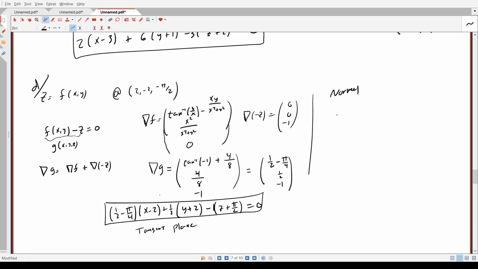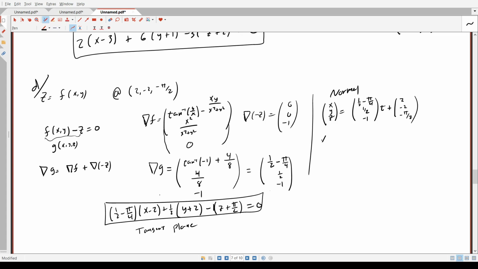I'm going to have gradient of f times t plus a point on this curve, which is 2, minus 2, minus pi over 2.